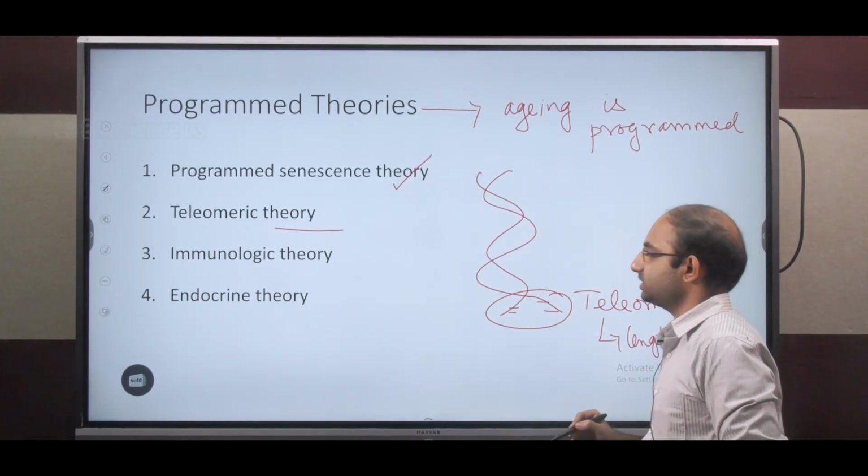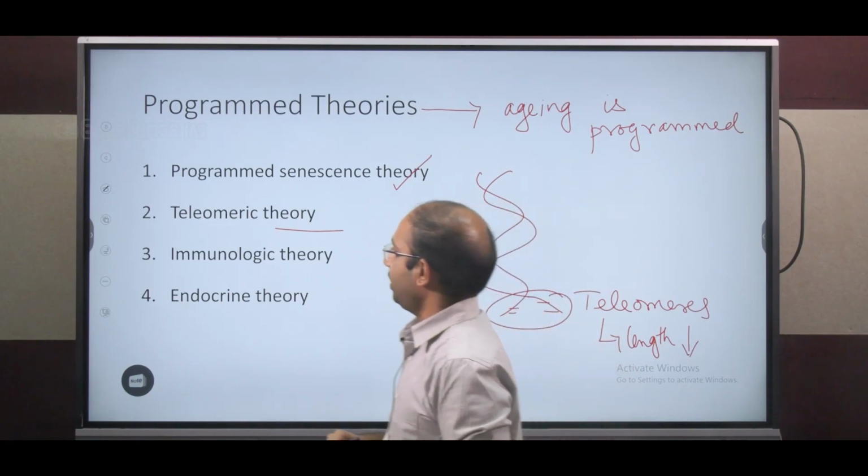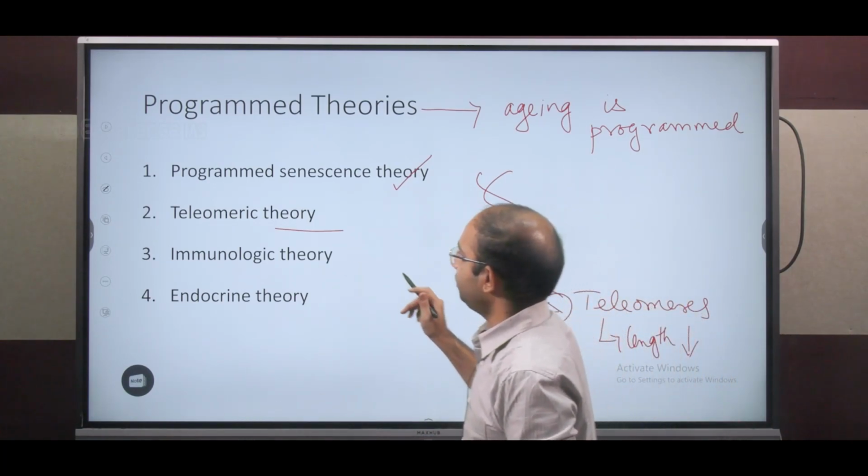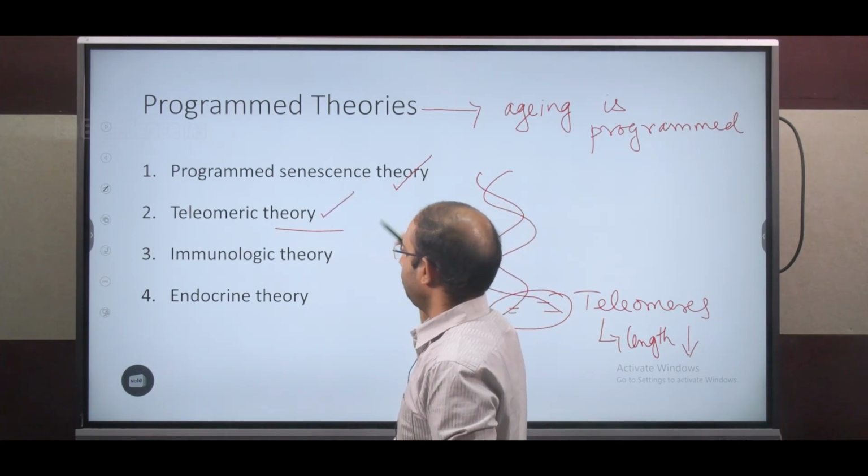Their length decreases as we age, and because of this decreasing length of telomeres, people tend to age. That is the position taken by telomeric theory.